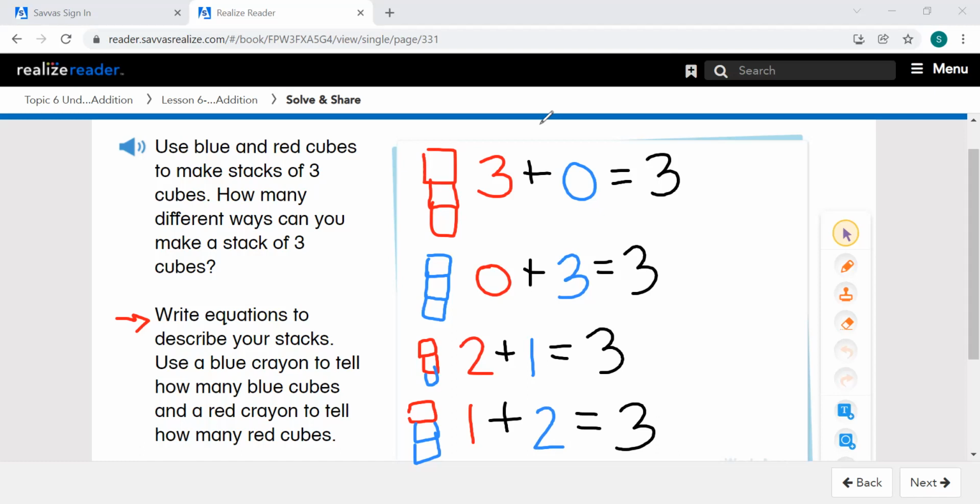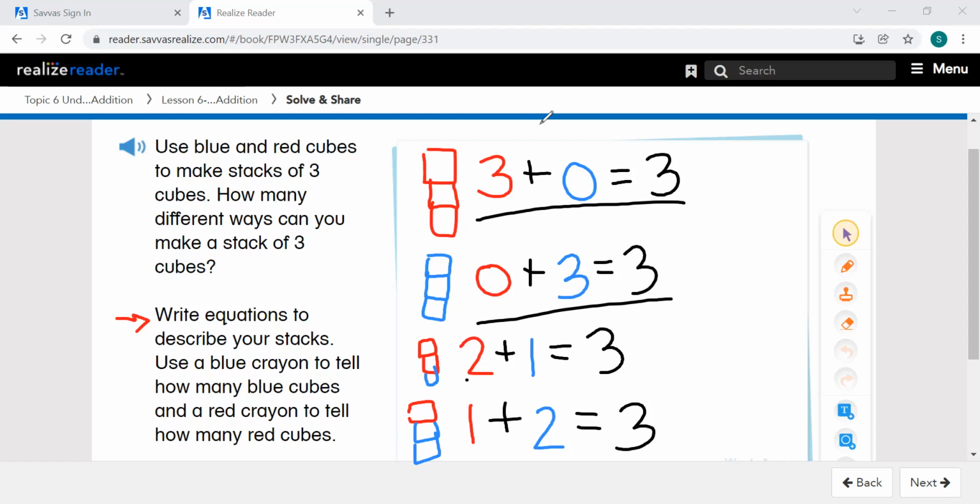So as we can see, the first 2 equations are using the same numbers, 0 and 3. They're just in different orders. Both of them equal 3. So it doesn't matter if the 3 comes first or the 0 comes first.